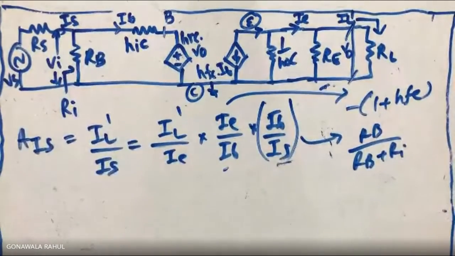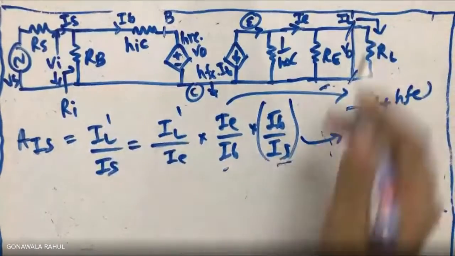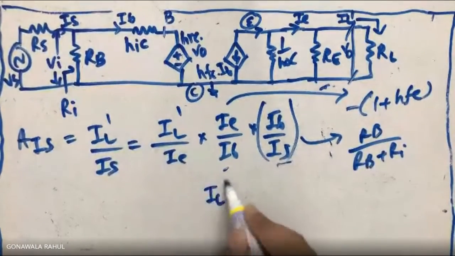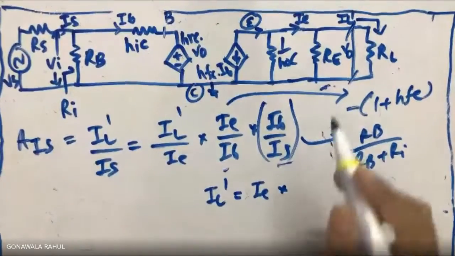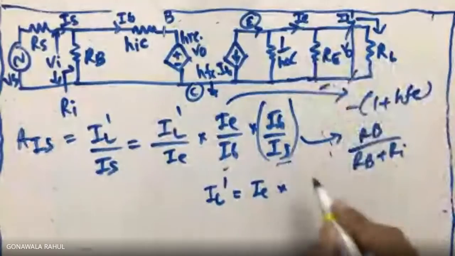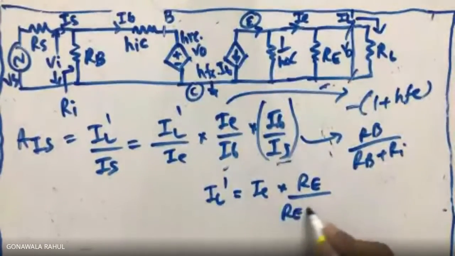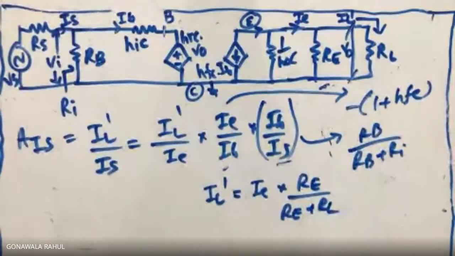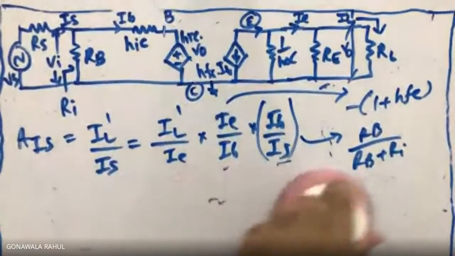This is also derived. Now IL dash by IE is only pending. IL dash is equal to IE into the opposite side resistance Re upon the total, that is Re plus RL. So IL dash by IE is equal to Re upon Re plus RL.